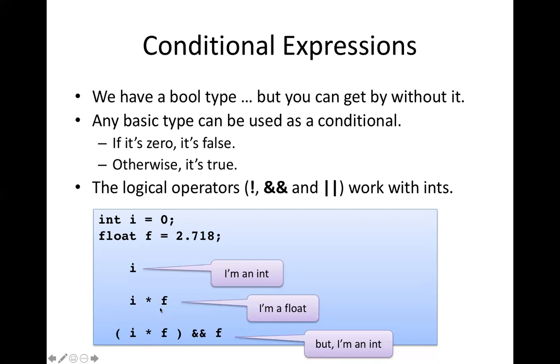But then if you take that float result and start using it in one of these logical operators, like and it with another float result, it'll convert both of those to int so it can do the and. And also, the whole thing will evaluate to an int. So the type of this expression, even though it's got floats in it, the end result is going to be an int, because these operators all evaluate to int.